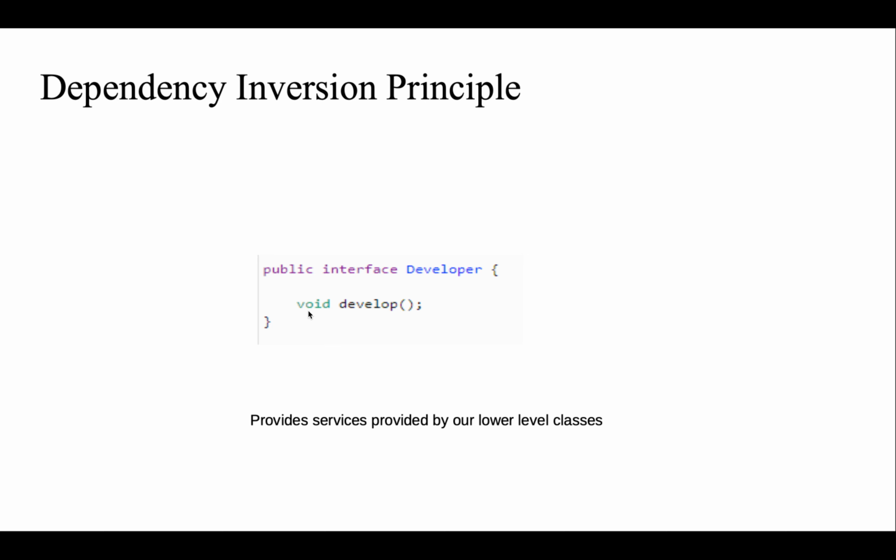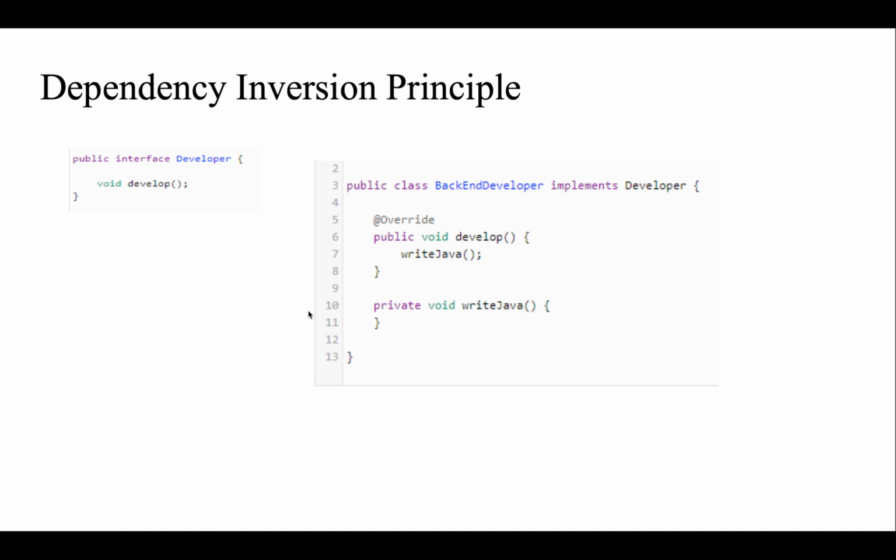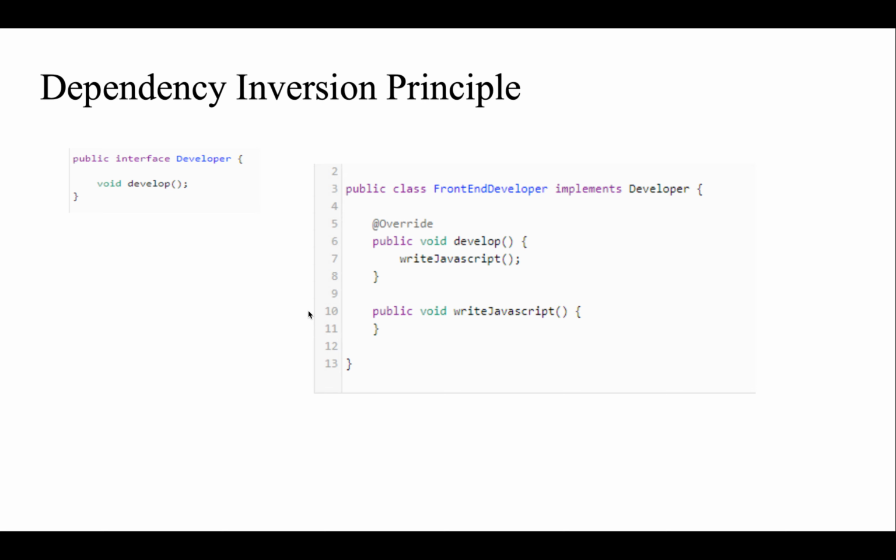So we will have the method develop inside our abstract interface, and both our backend developer and front end developer will implement this develop method and call their behaviors or details from this method. In the backend developer case, it will call writeJava. In the front end developer case, it will call writeJavaScript.